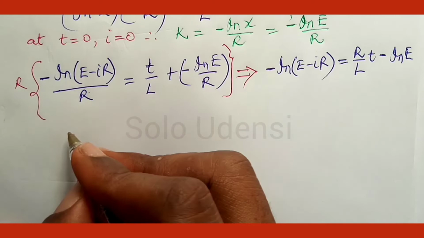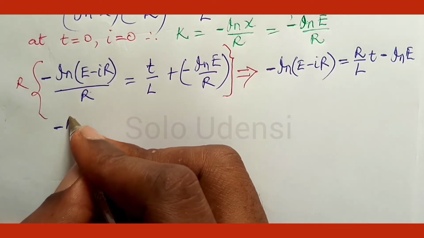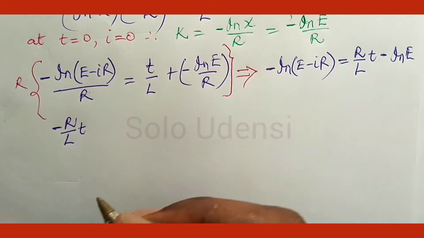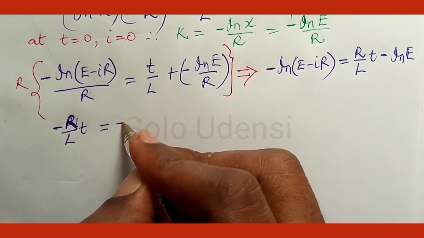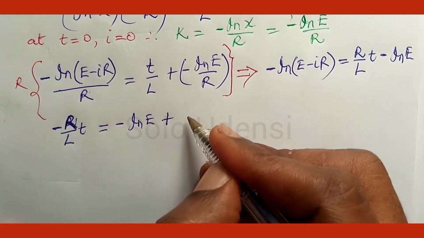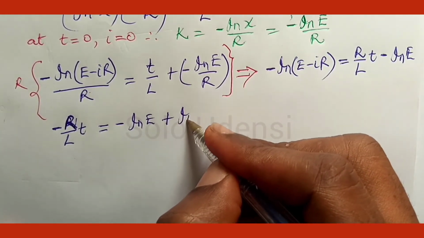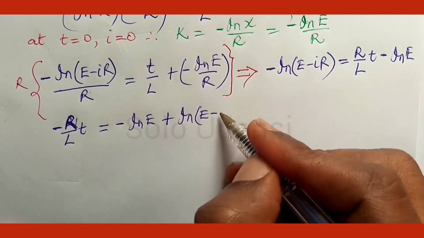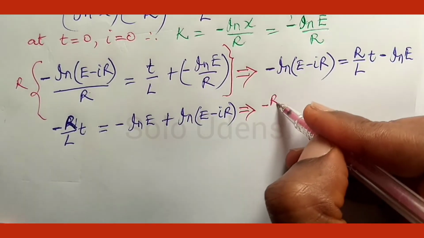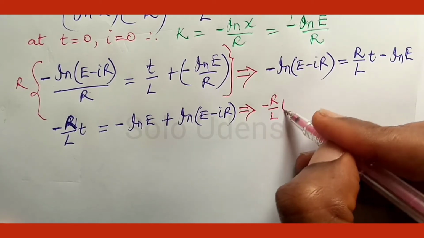So you see that minus log E plus log E minus IR is equal to minus R over L times time.